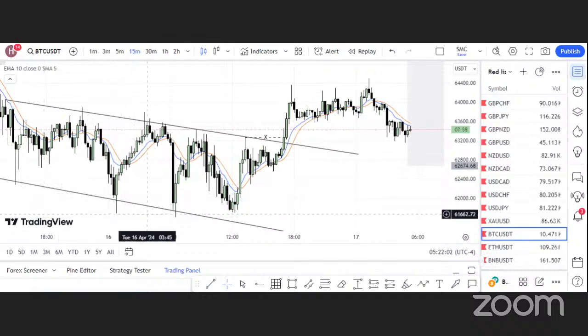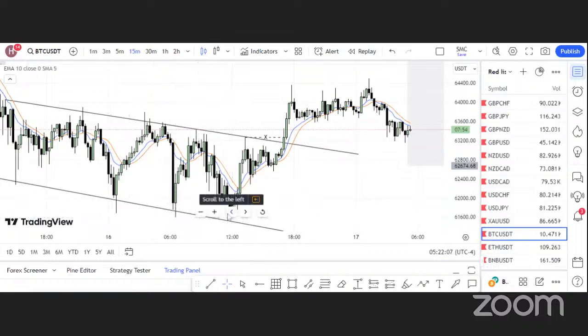Then this low here is also lower than this low. So we are expecting this low, when the market was coming down, to be lower than this one and this one. We want the market to go lower, and then when it comes up, we want it to make a retest. But what happened here?